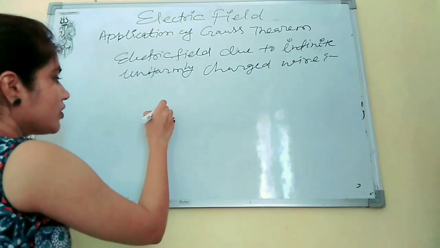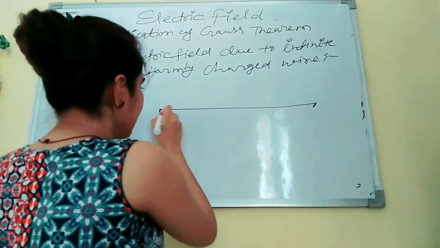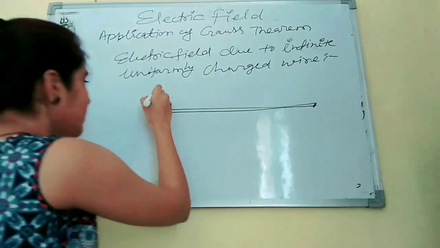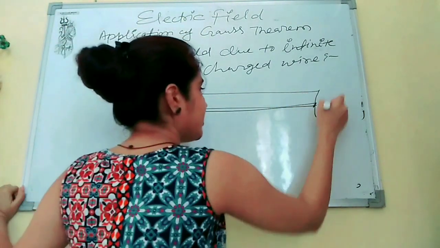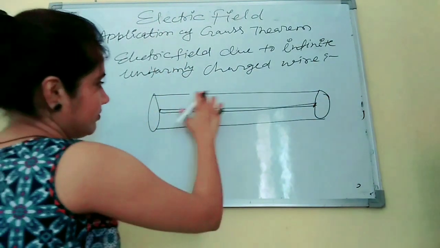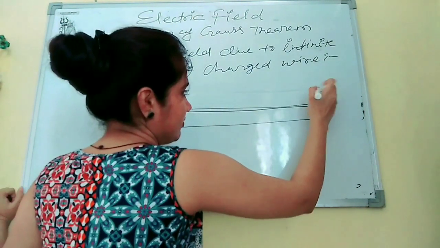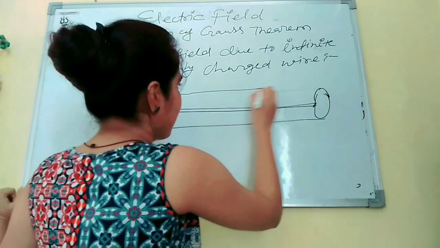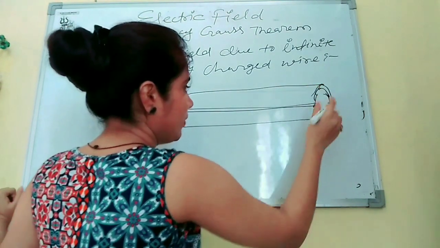Okay, so this was the wire. It is placed in a cylinder, in a cylindrical surface. It should be equal.